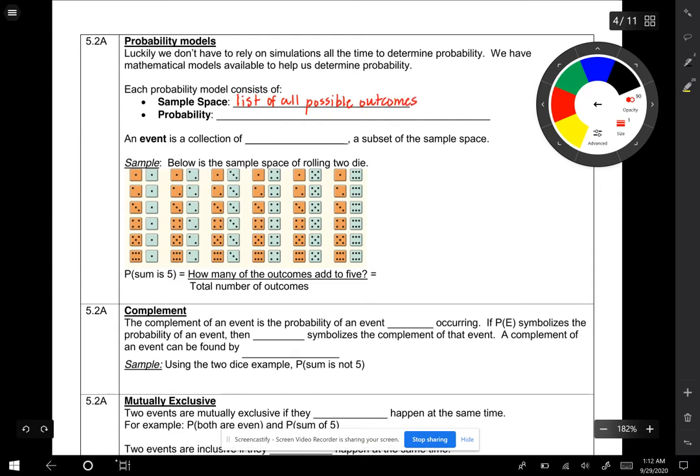The probability is the chance or the likelihood that each outcome will occur. An event is a collection of outcomes, a subset of the sample space.